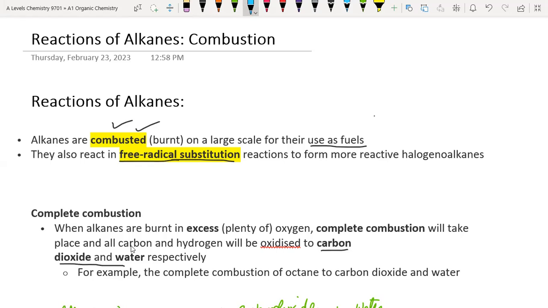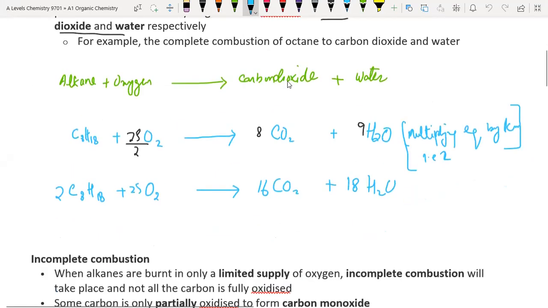For example, we are combusting a compound octane to carbon dioxide and water. Alkane plus oxygen will give carbon dioxide and water.